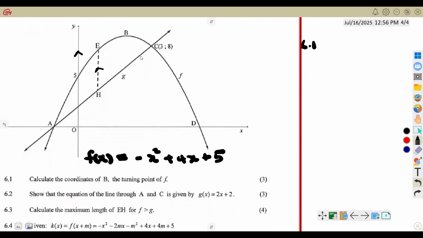We know if our graph is in this form, the x value at the turning point must be equal to minus b over 2a.